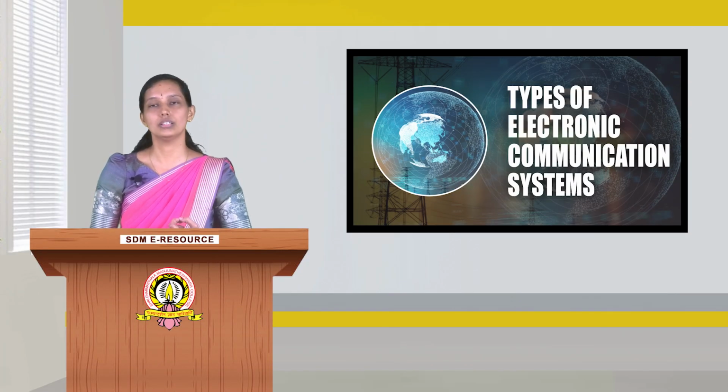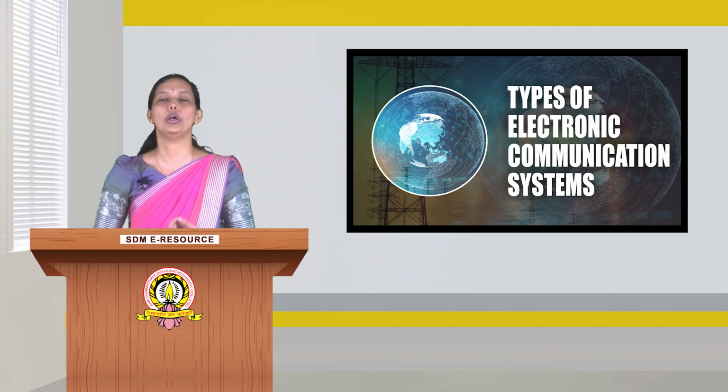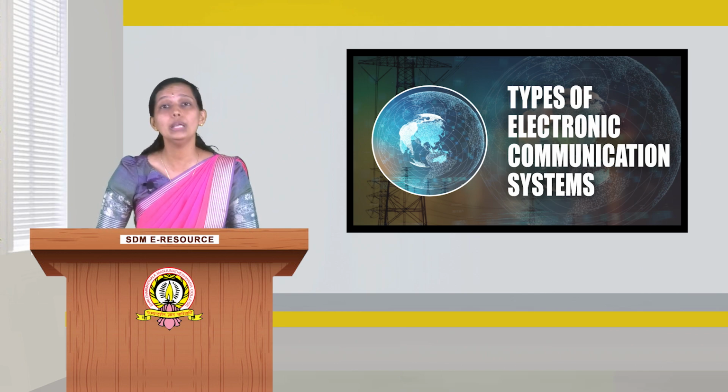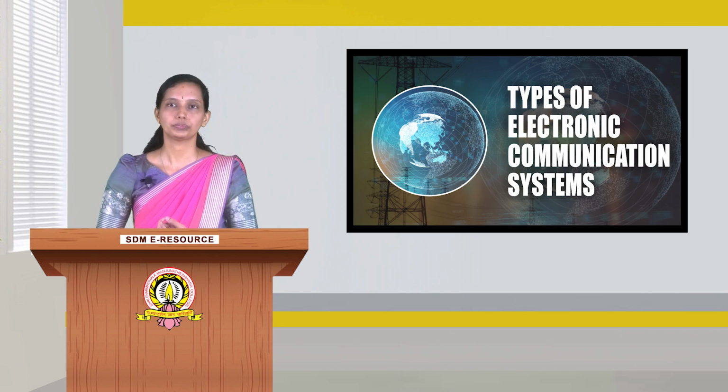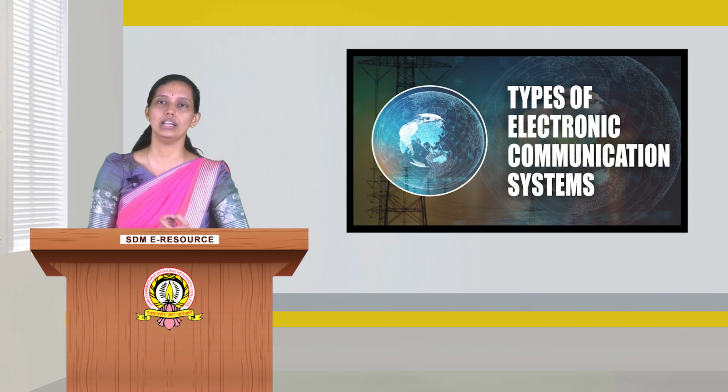Next is the satellite communication system, a global communication network that relies on satellites in orbit. The orbit I am mentioning here is the geostationary orbit, which is exclusively meant for communication. These satellites are also called communication satellites.